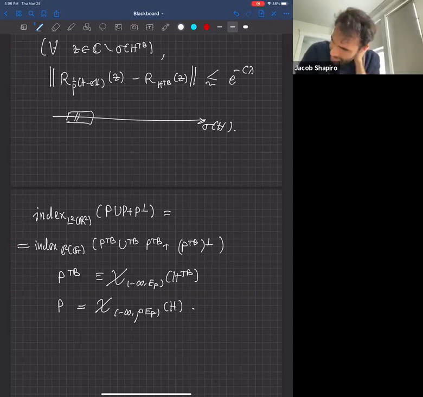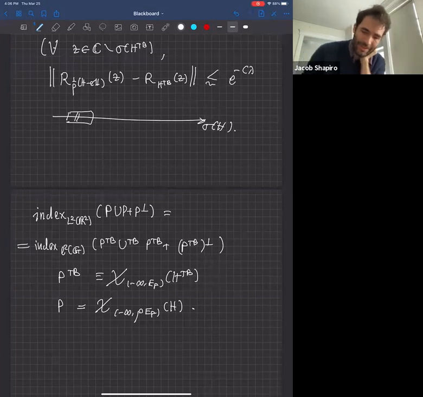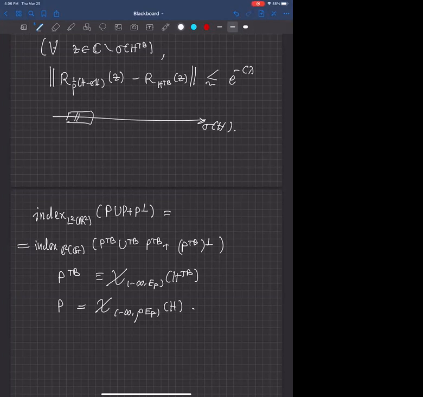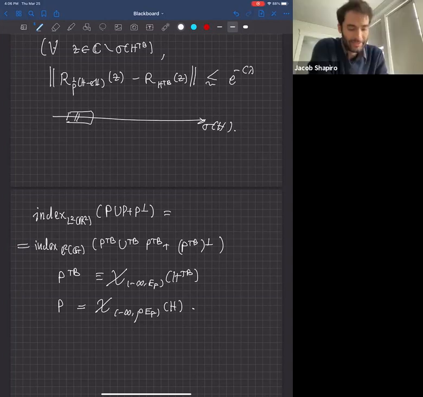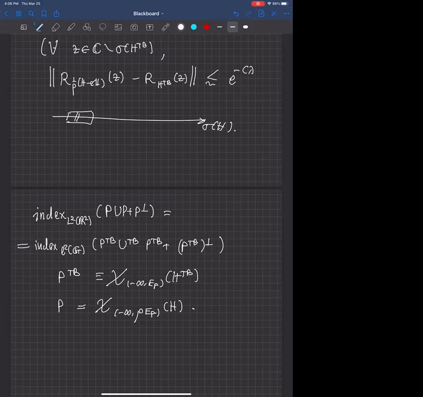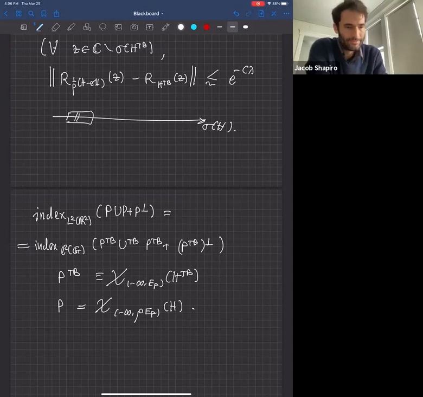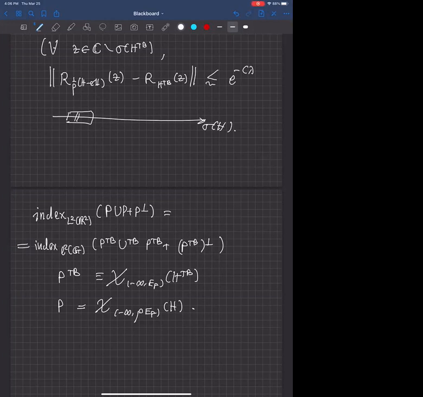It is possible. I have to confess that I have not really heard about physicists who talk about positive temperatures, but of course it has to be because real systems don't work at absolute zero. Of course, and naturally you want to replace your Fermi projection by the Fermi-Dirac distribution, right? Which is written here on this page at the bottom. You want to replace the characteristic function chi by the Fermi-Dirac distribution. So P is not a projection anymore, it's an approximate projection.